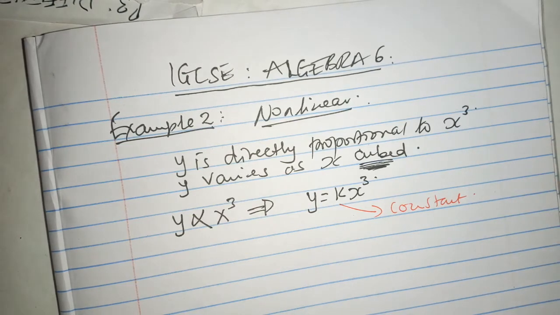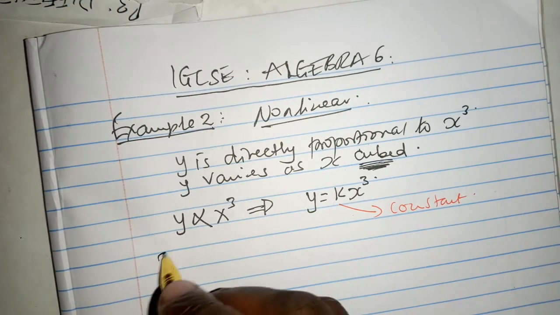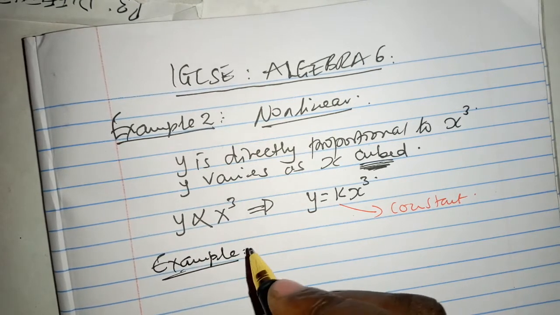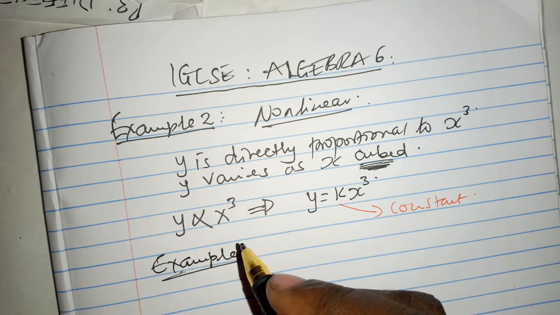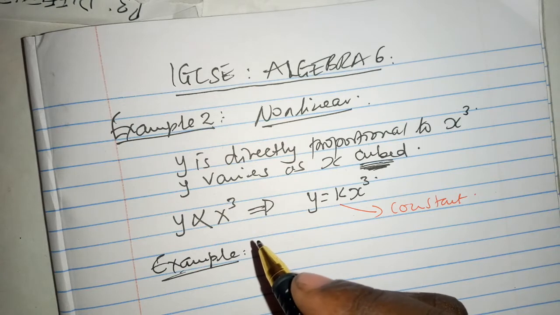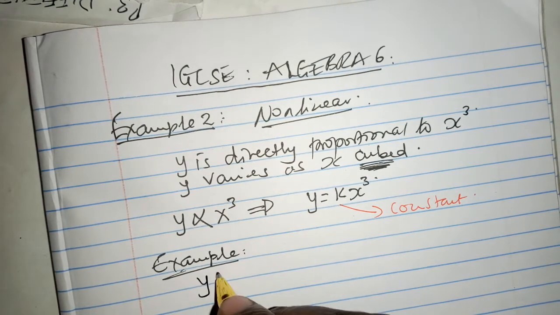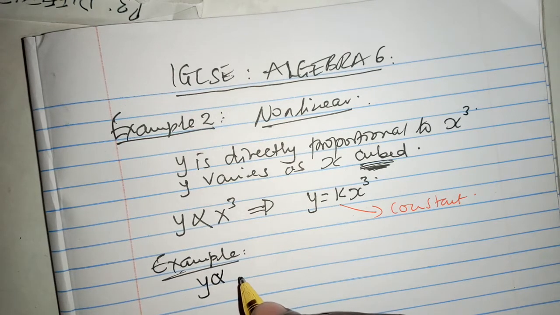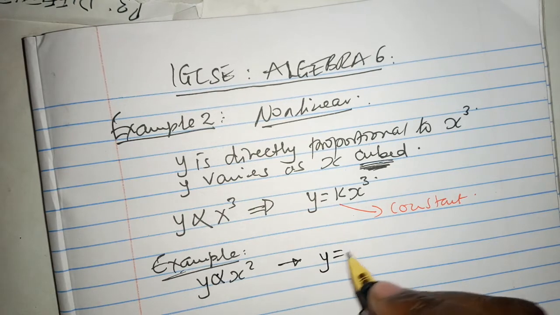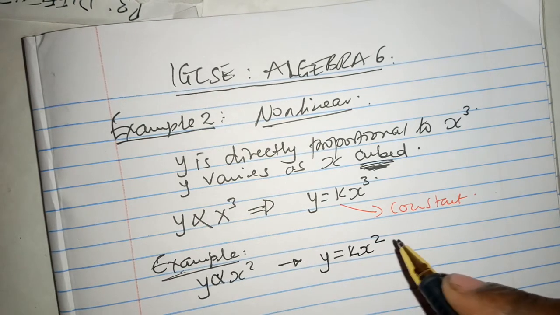I want us to directly go to example 2 so that we can explain it with an example. Express this relationship as equations with constant of proportionality. Part A: y is directly proportional to x squared, which gives us y is equals to kx squared.